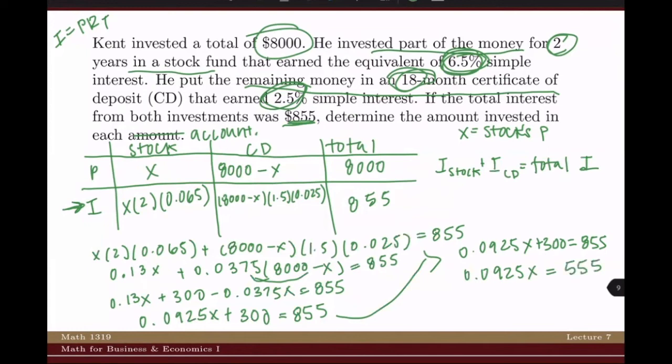And then you divide on both sides by 0.0925, and you should get x equals 6,000. So what this means is he invested $6,000 in the stock, which then means he invested $2,000 in the CD, because the CD was the remainder from that $8,000, right? Alrighty. Moving on.